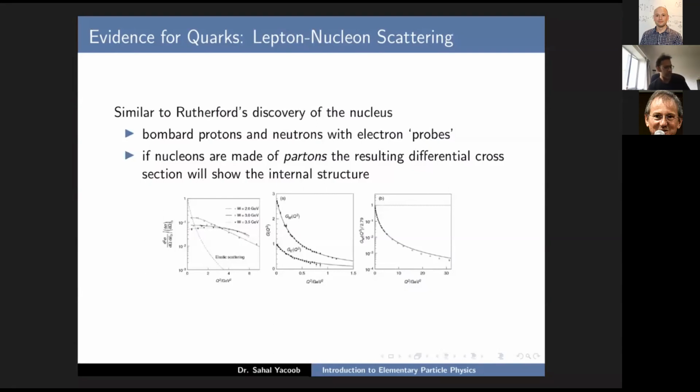Sorry, Sahal. Which slide are we supposed to see? Because at least I'm still seeing evidence for quark lepton nuclear scattering. Oh, no, that's not what you're supposed to be seeing. Yes, because when we're talking about showers of particles, I was thinking, yes. Let me stop sharing and then start sharing again.